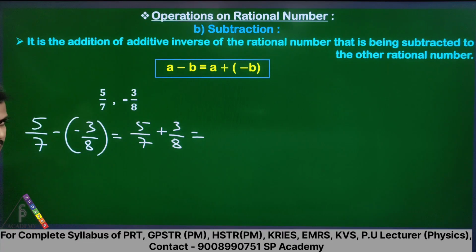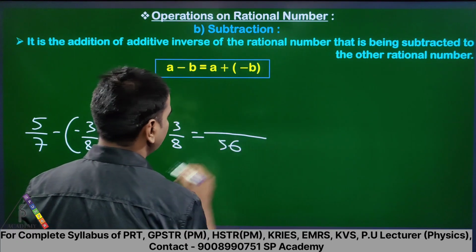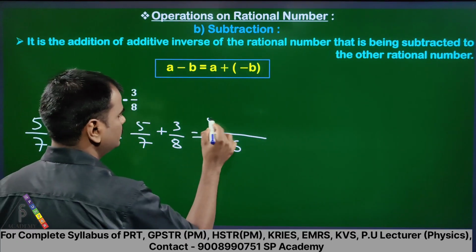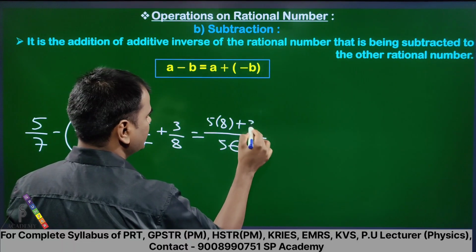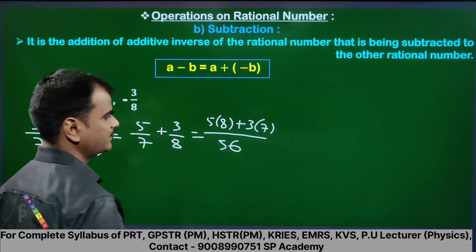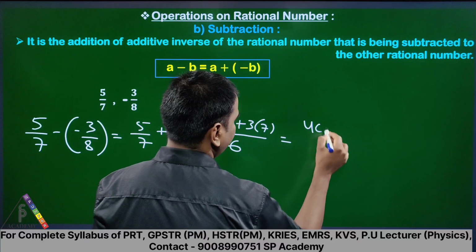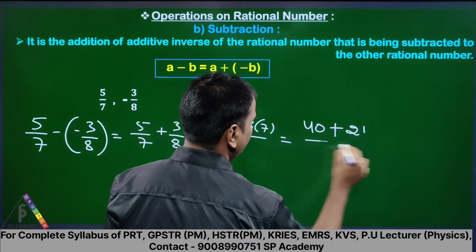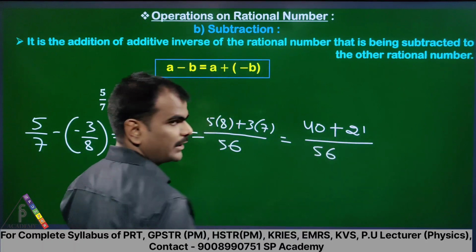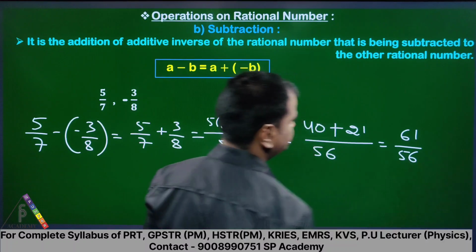Therefore we'll take the LCM of the denominators, 7 times 8 is 56. Now 5 into 8 is 40, plus 3 into 7 is 21, by 56. 40 plus 21 is 61 by 56.